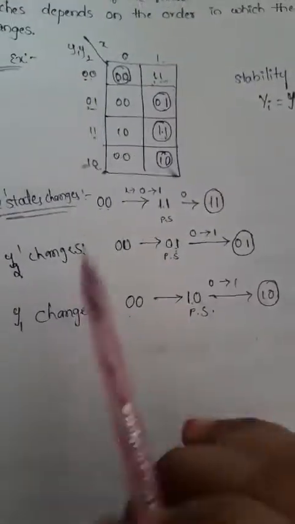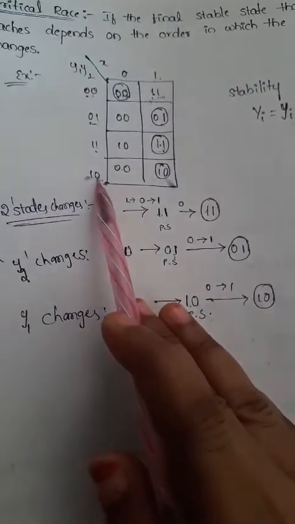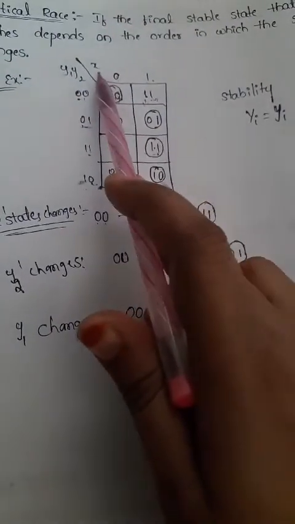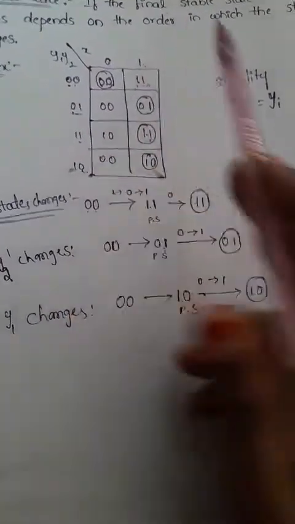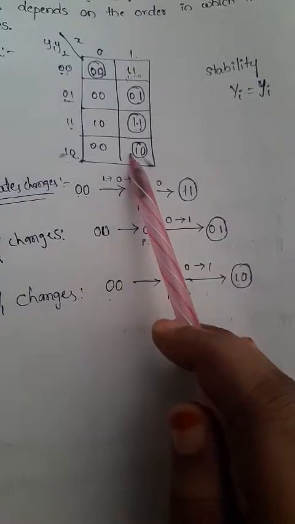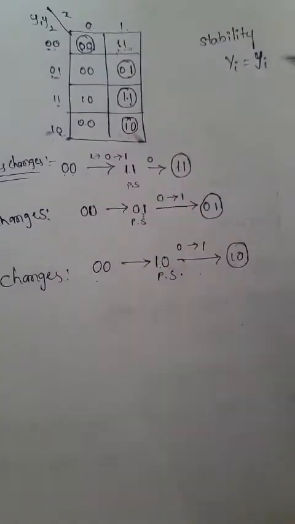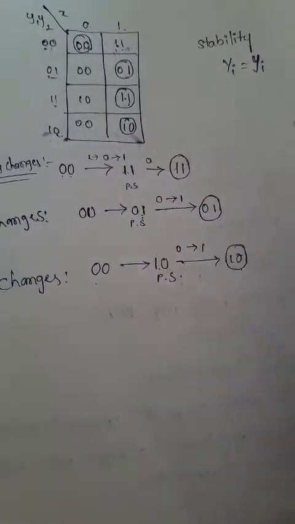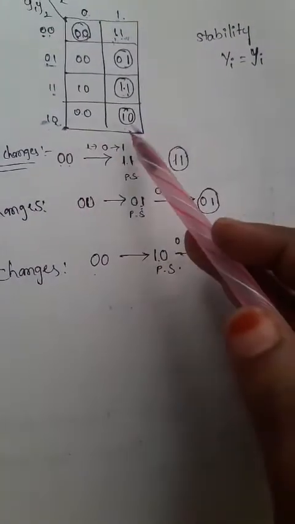After some delay this 1 0 acts like a present state. In that case the input changes from 0 to 1, so we get the output 1 0. Just observe here, again 1 0, after some delay 1 0 acts like a present state again, meaning we get the same result, right?